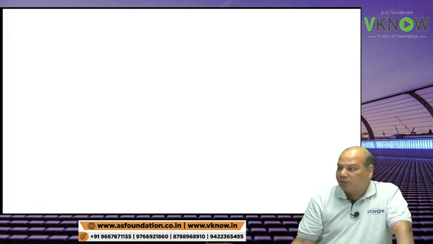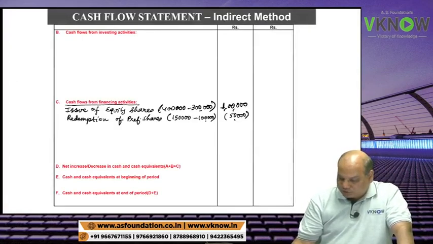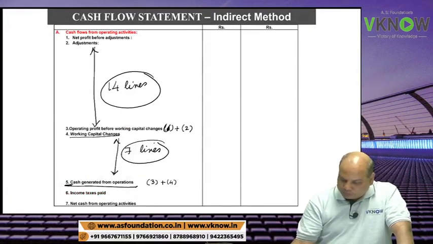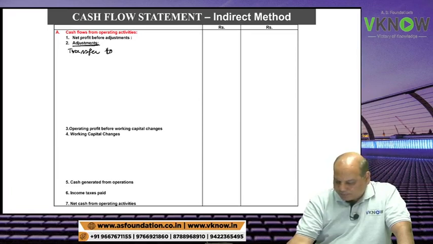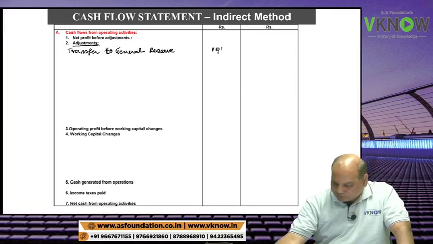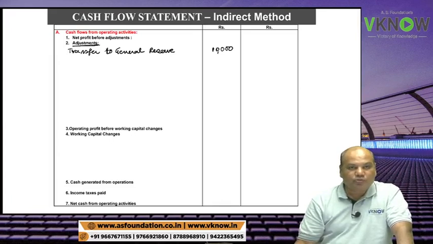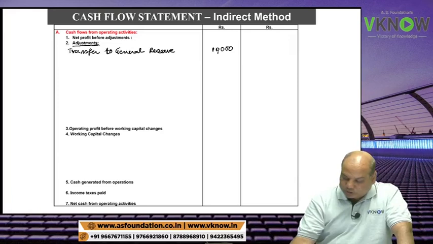So we will come to these adjustments. Point number A2, adjustment, and write here transfer to general reserve 10,000 positive, because P&L account was debited. Add back.